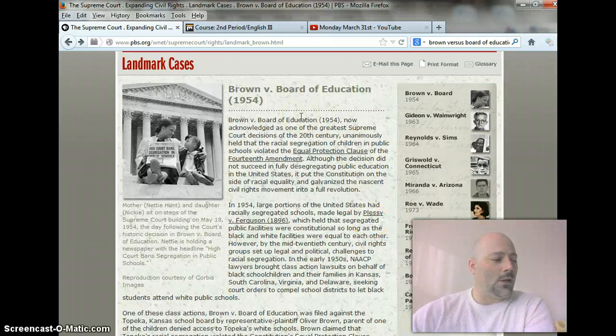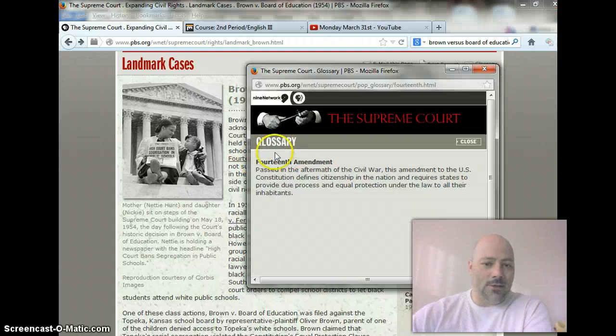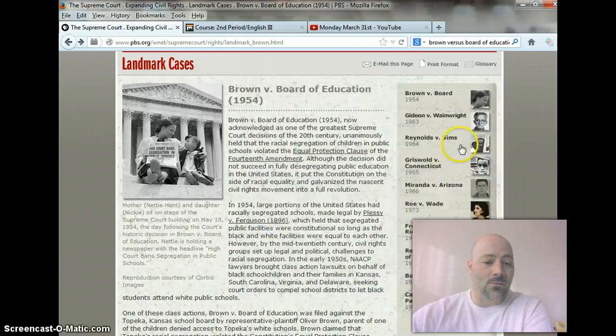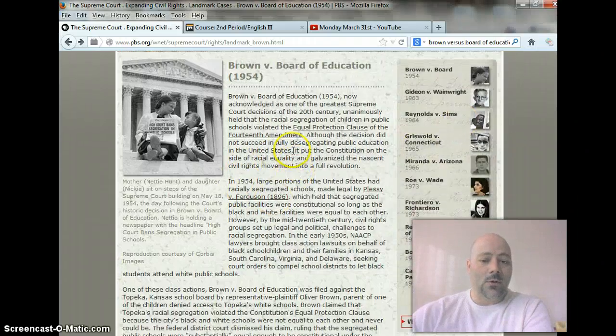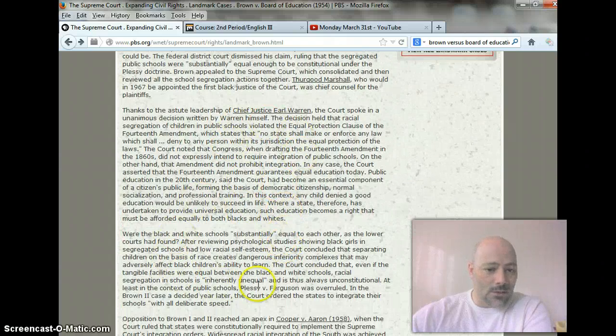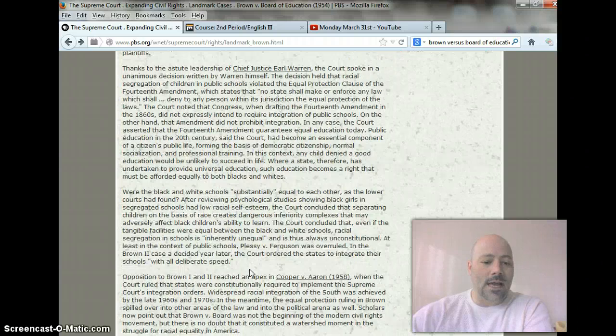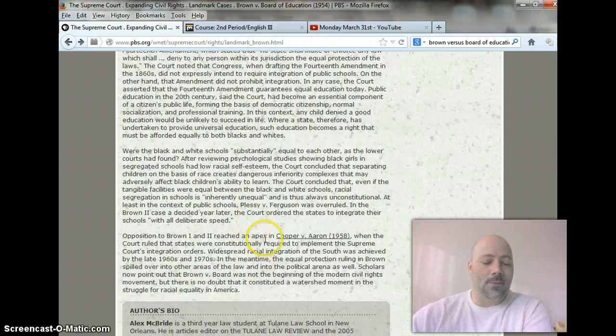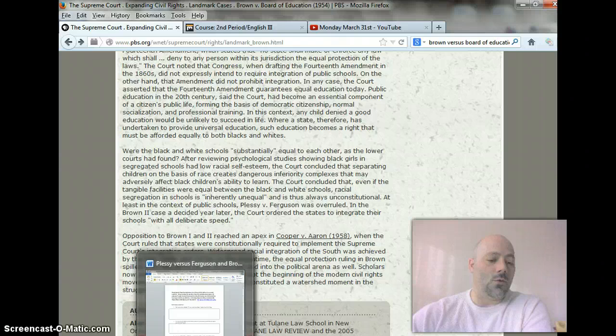I'll help you with number one, which goes over to the 14th Amendment. If you click on it, it brings up the information that defines what the 14th Amendment is, and it also talks more down here about how the 14th Amendment worked and the impact it had on the court case and those involved.